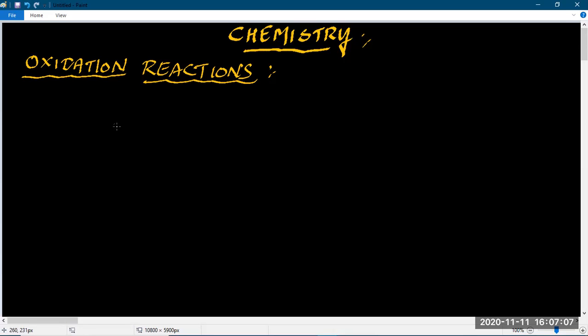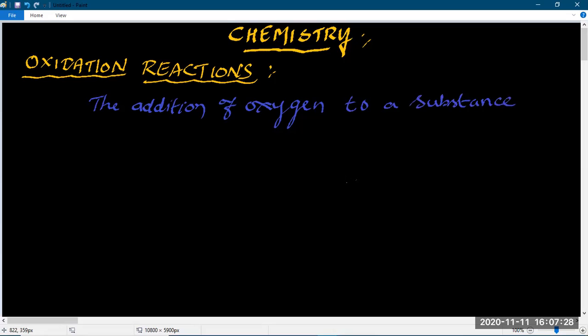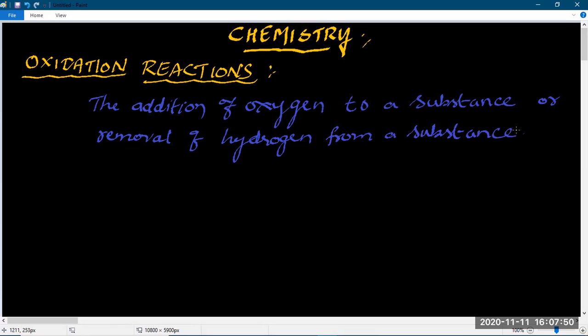So the oxidation reaction is the addition of oxygen to a substance, or removal of hydrogen from a substance in a chemical reaction.